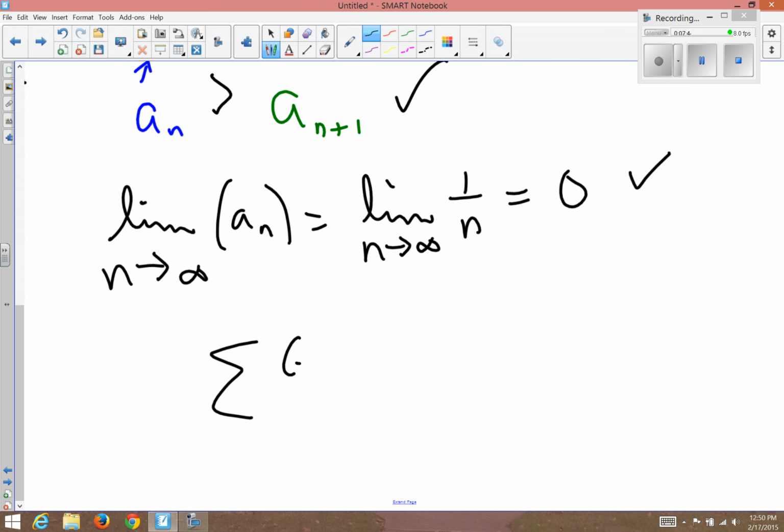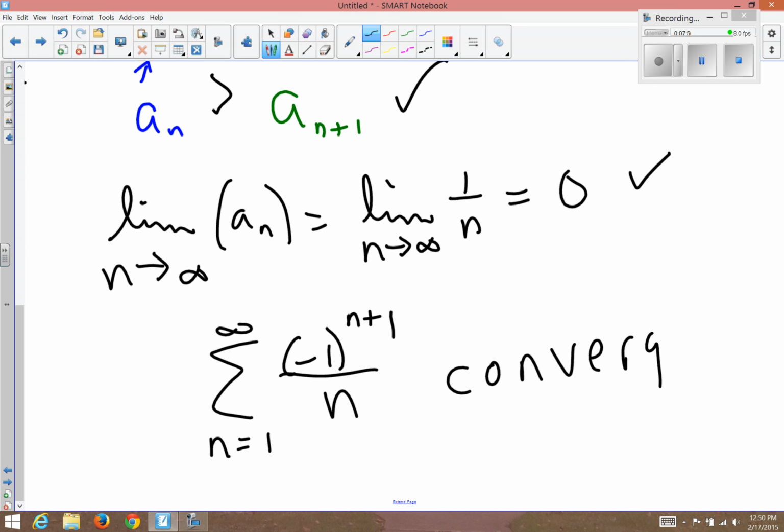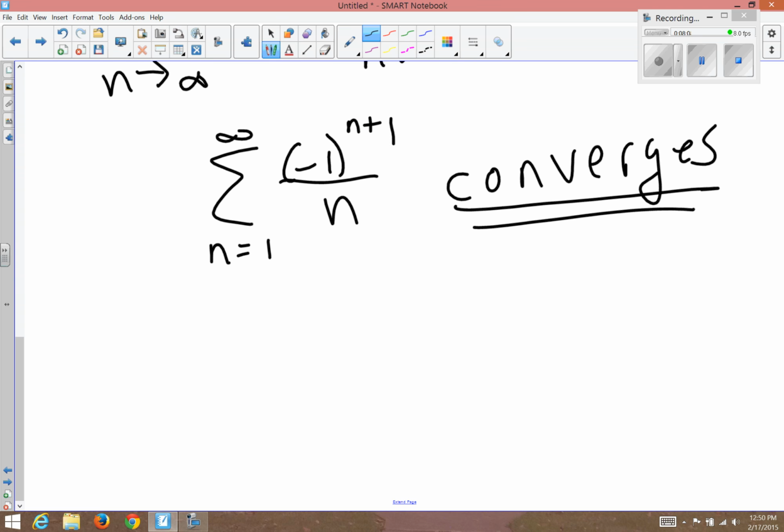Sigma -1 to the n plus 1 over n, which is called the alternating harmonic series, actually converges. Even though the harmonic series, where the signs do not alternate, the regular harmonic series, diverges.